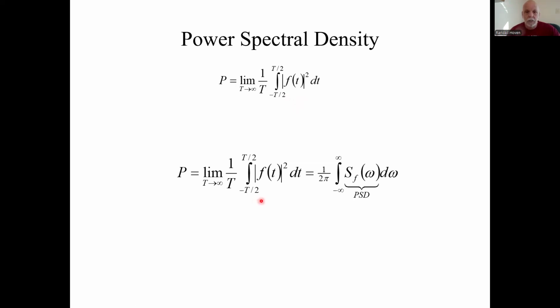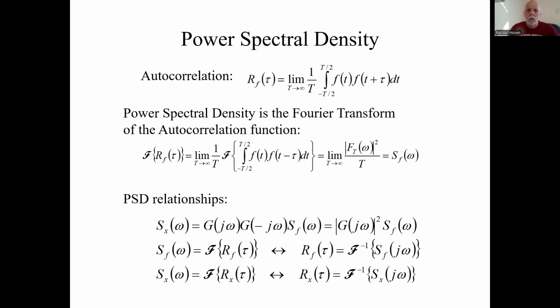And there's some theorems that say that power is spread out over time, but it's also spread out over frequency. And whatever's in this integrand here, by definition, is called the power spectral density. It's how the power of the signal is spread out over frequency. So now let's take a little break, because I haven't said, how do you get that thing?